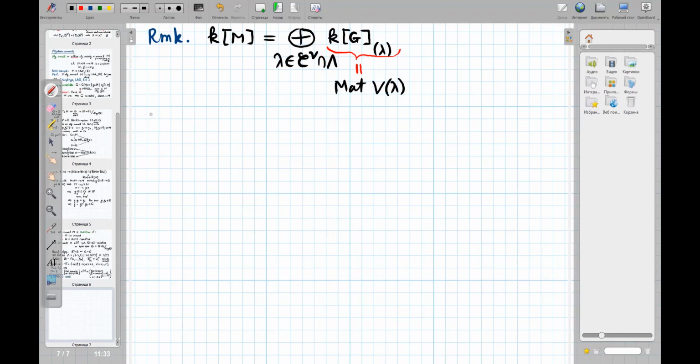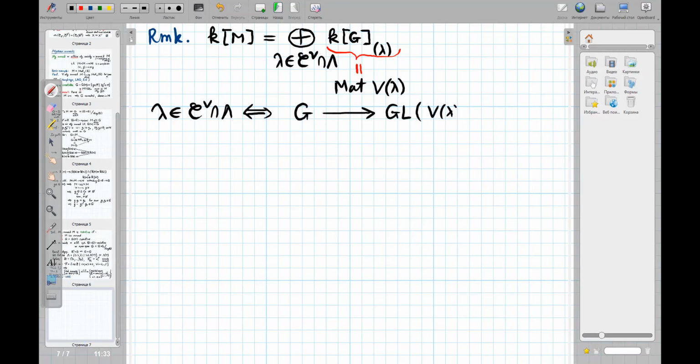So the condition that the weight lambda belongs to the dual cone holds if and only if all matrix entries of the respective irreducible representation of G associated with this lambda, we have, of course, an irreducible representation of G in the vector space V of lambda.